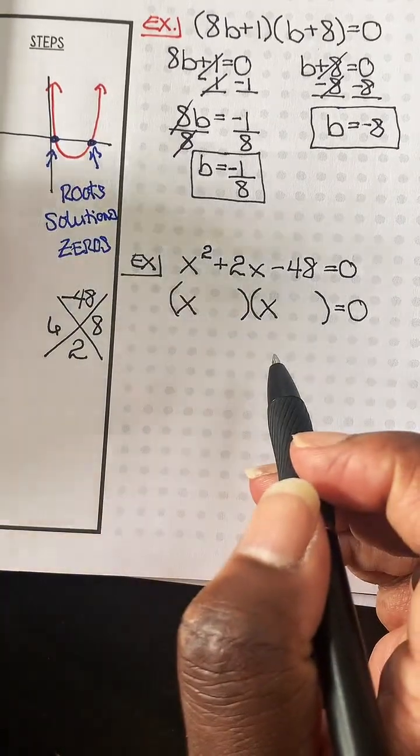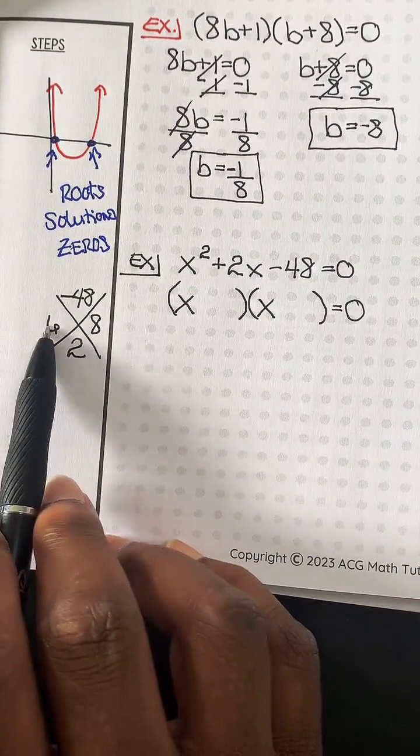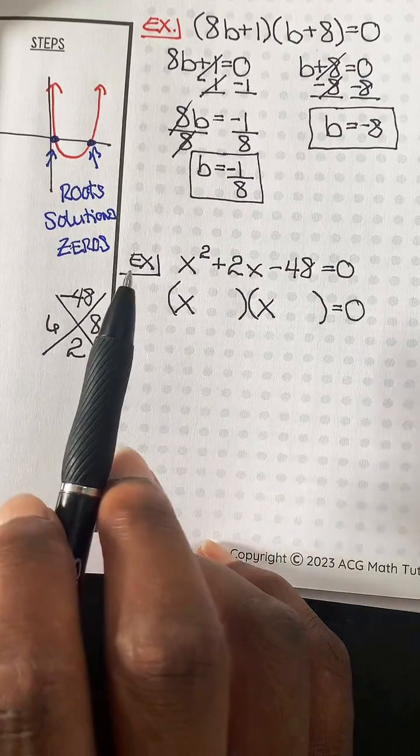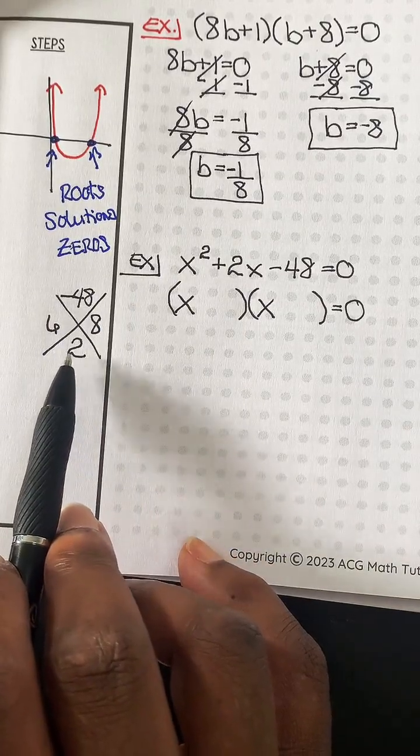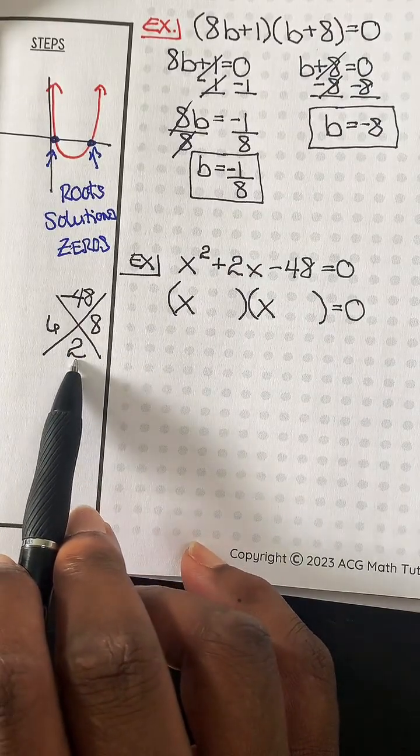So let's take a look. We know one of them has to be negative because when I multiply, I need a negative solution. But it needs to be added together to give me a positive 2.